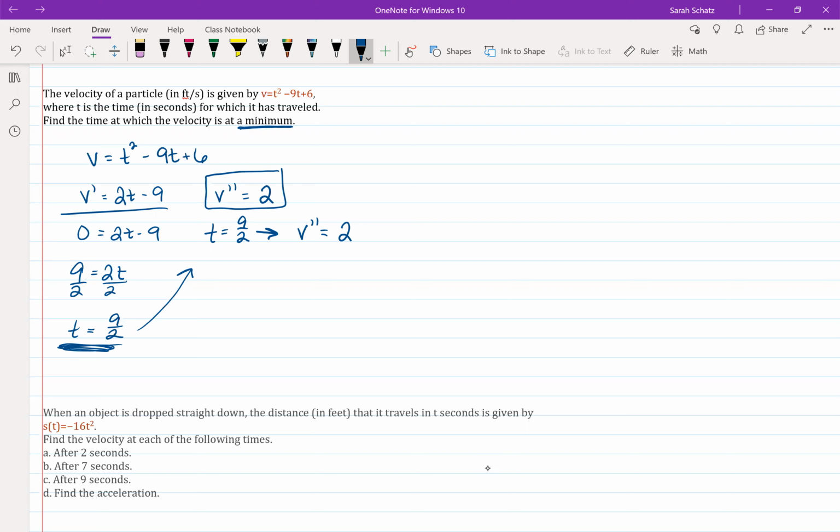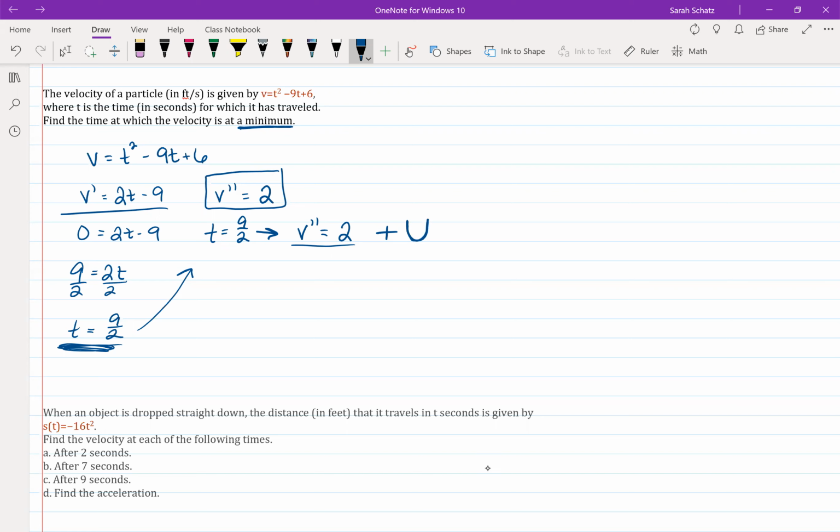So you guys, when we do use the second derivative test, whether we can put the t in there or not, or whether it's constant or not, what we're looking for is if it's positive or negative. So you could say, I put t equals 9/2 in there, and what I got out was a positive 2. You guys, when you put your critical point in your second derivative and it is positive, that means your graph is concave up.